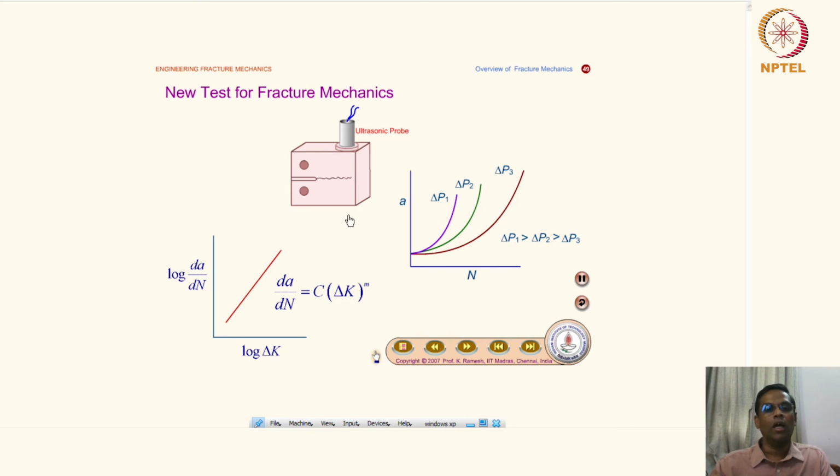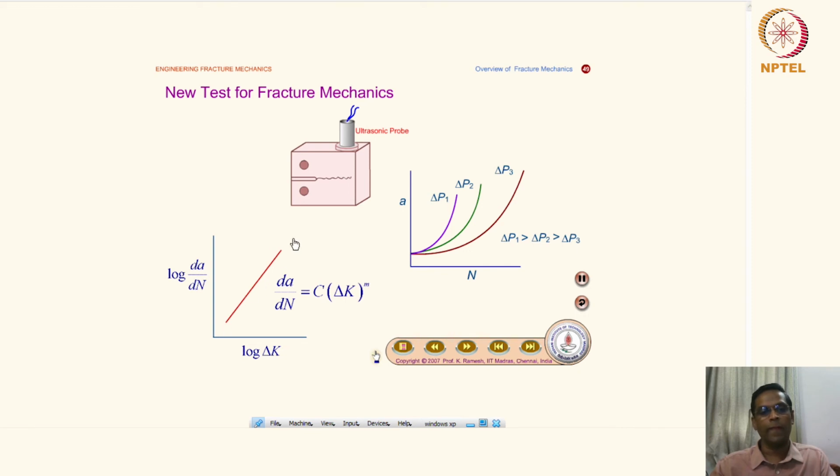So the crack length is measured as a function of number of cycles to failure, and this is for a different amplitude, you see. And from this you cull out data that is da/dN versus log delta K. It will give you a straight line.